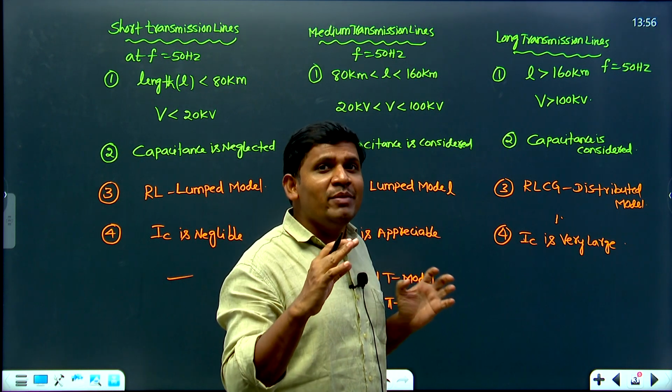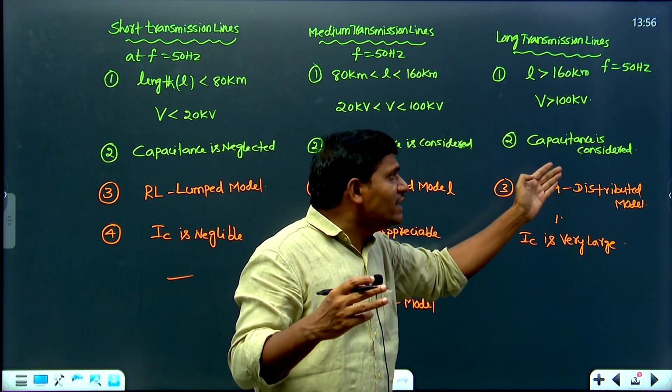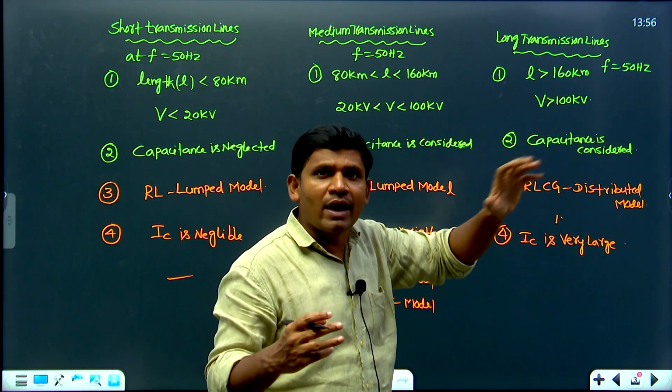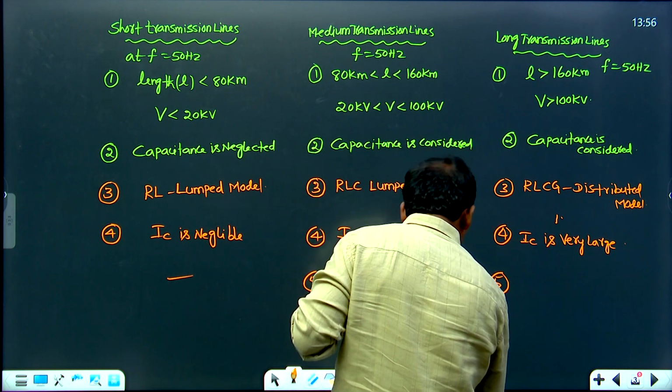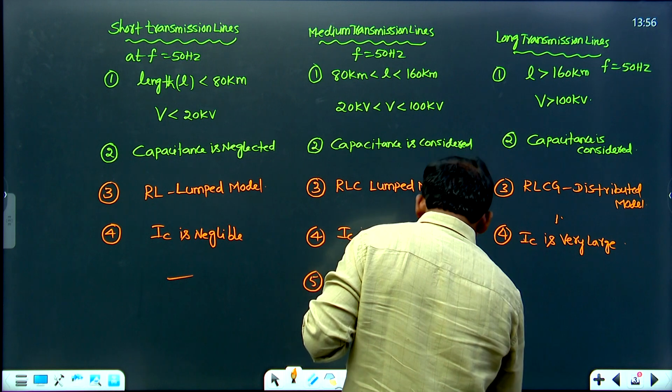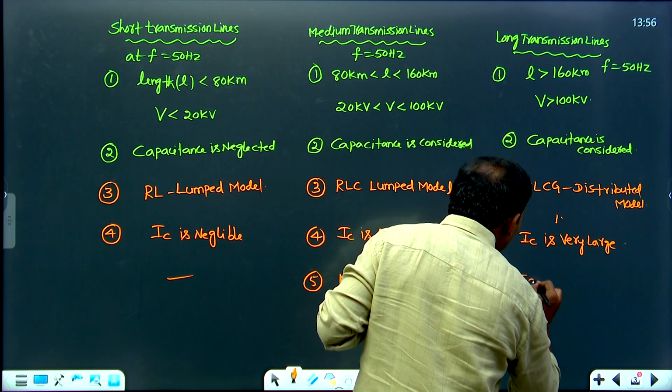Why is the name given as equivalent T model and equivalent pi model? We are converting the distributed model into a lumped model for analysis purposes. Because of that reason, in the case of long transmission lines, we are using the equivalent T model.